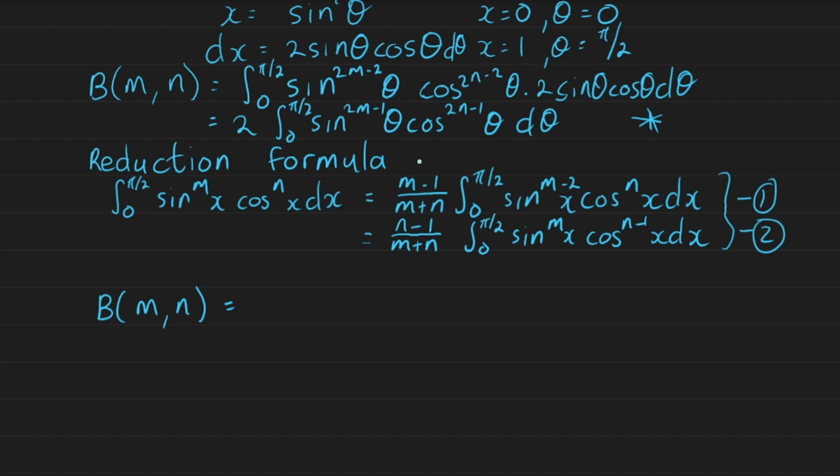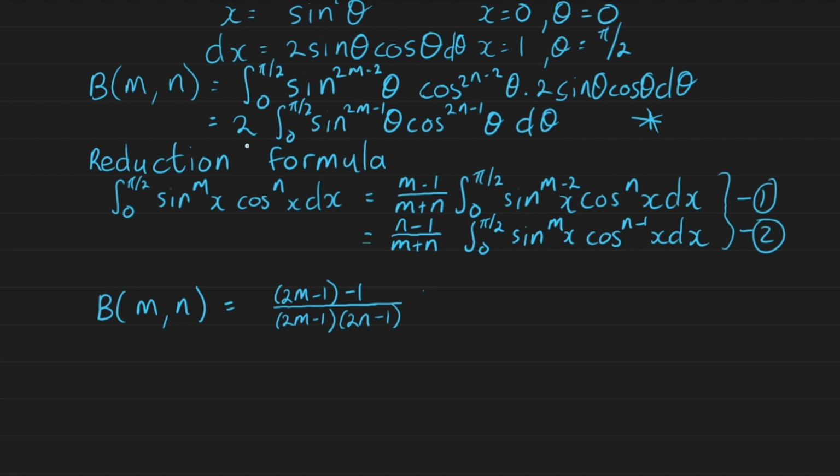When we do that, we put in 2m minus 1, and then we have minus 1, and this is divided by m plus n. It's not m and n, it's actually 2m minus 1 and 2n minus 1. So we substitute that in: instead of m, we put 2m minus 1, and then we have plus n, and that's 2n minus 1. And now we have the integral.